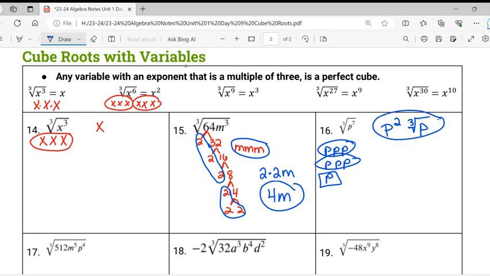Also, you could take 7 and divide it by 3. 3 goes into 7 2 times with a remainder of 1. The 1 is the amount of p's under the radical, and the value here is how many p's are outside the radical.